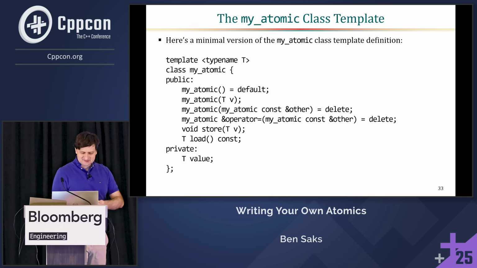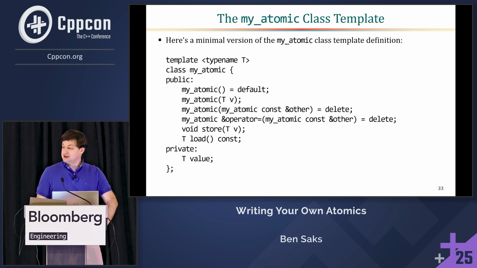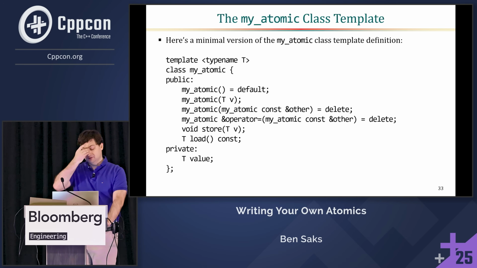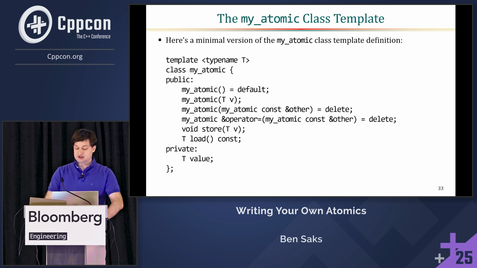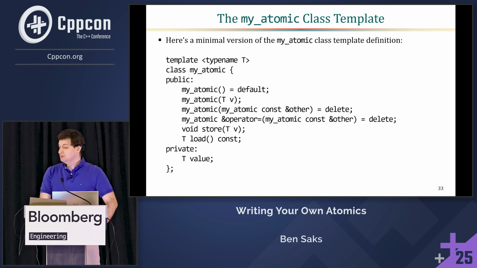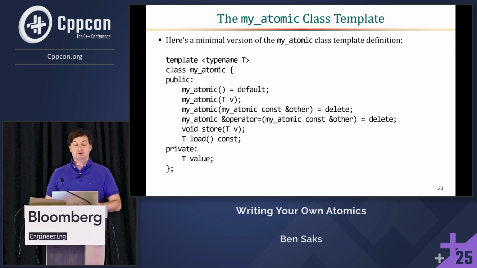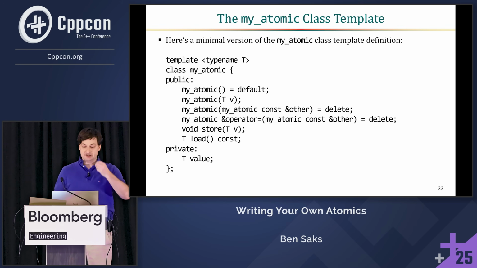So here, this my atomic template has a trivial default constructor, and it's not exactly a copy constructor. It's a constructor that takes an object of the underlying type as an initial value. I chose to make this version neither copyable nor movable by deleting the copy operations in this situation. It's not copyable in the traditional sense, I should say.